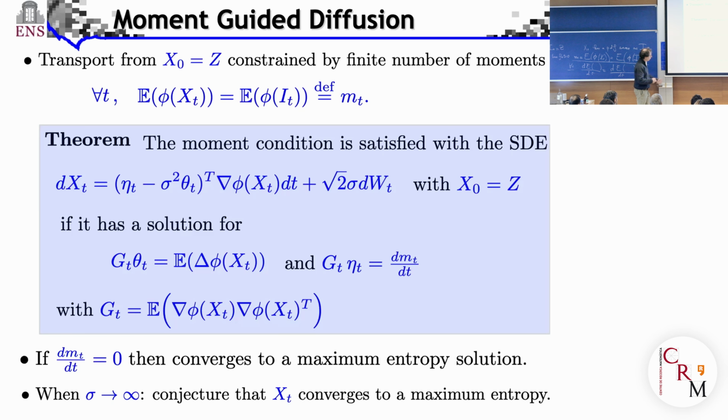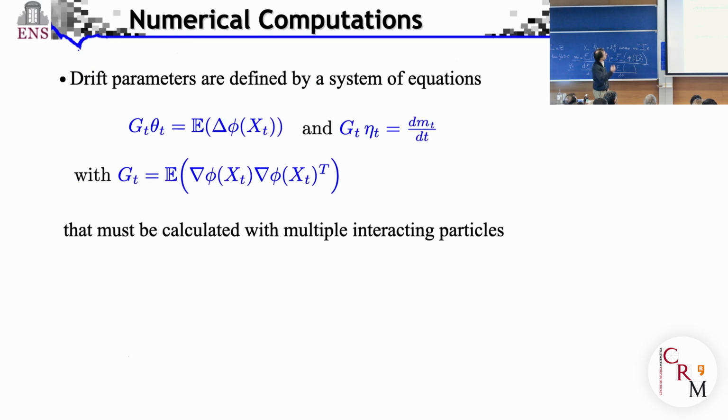So when sigma goes to infinity, the conjecture is that xt is going to converge to the maximum entropy distribution. This conjecture, I'm going to come back to it. It can be proved in one particular case when the moments don't move, but in general, we don't have the result, but we have the numerics to sustain it.